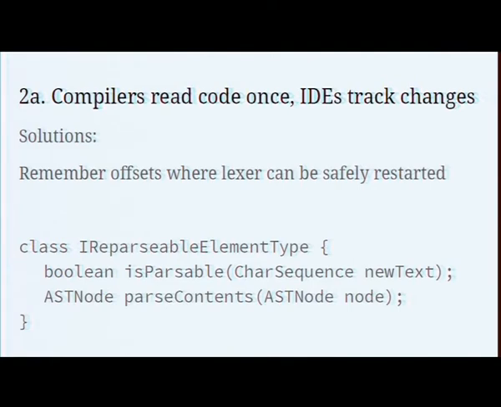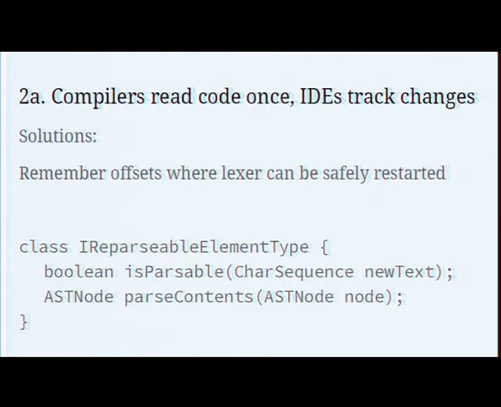For the parser, it's a bit more interesting because our parsers are not incremental by design. They just process whatever text they are given, produce a tree, and that's it. But the PSI they built supports incremental reparse.